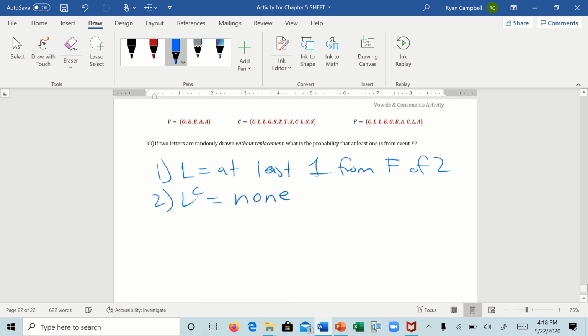So the complement's going to be none of 2 from F. So that means that they're all in the complement of F, right? Which again we said is O, S, T, T, S, S, S.